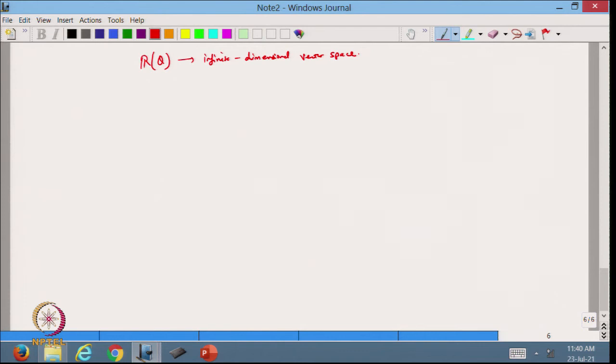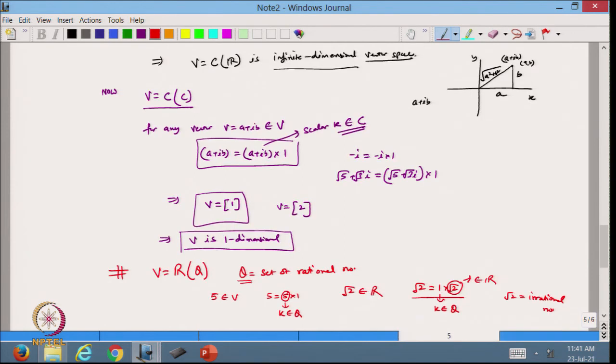And what are the bases? So, I can say that in this case the basis is, I can take the set of all irrational numbers, and then I just take the union with 1, because all irrational numbers are generated in this way, and if a rational number is there we can generate it this way.